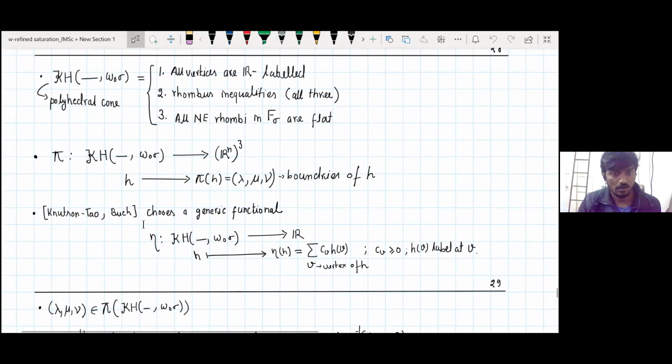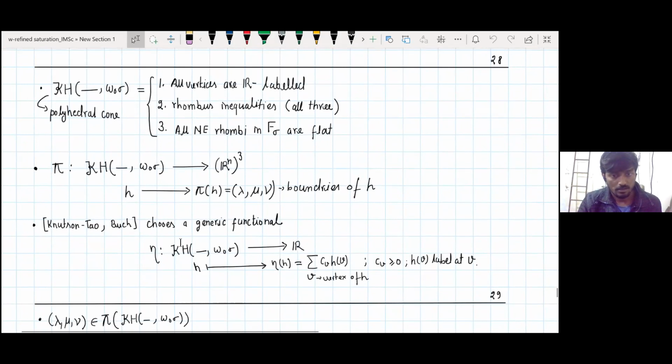So Knutson and Tao have shown that you can choose a generic functional on this polyhedral cone. What is this functional? The hive H goes to the summation of c_v H_v, where H_v is the label of vertex v and c_v is a positive number.